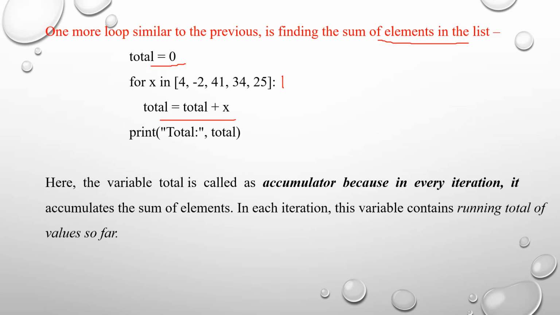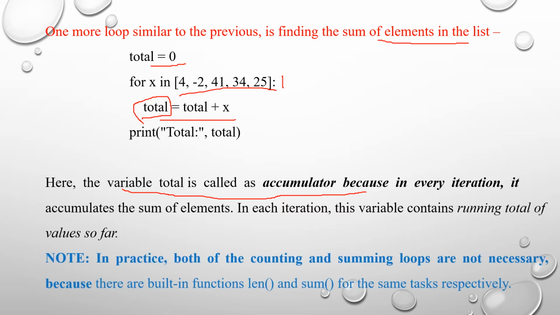In this program the variable total is called an accumulator. We call total an accumulator because in every iteration it accumulates the sum of the elements. In each iteration this variable contains the running total value so far. If you execute this code, the interpreter will give the sum of these values.